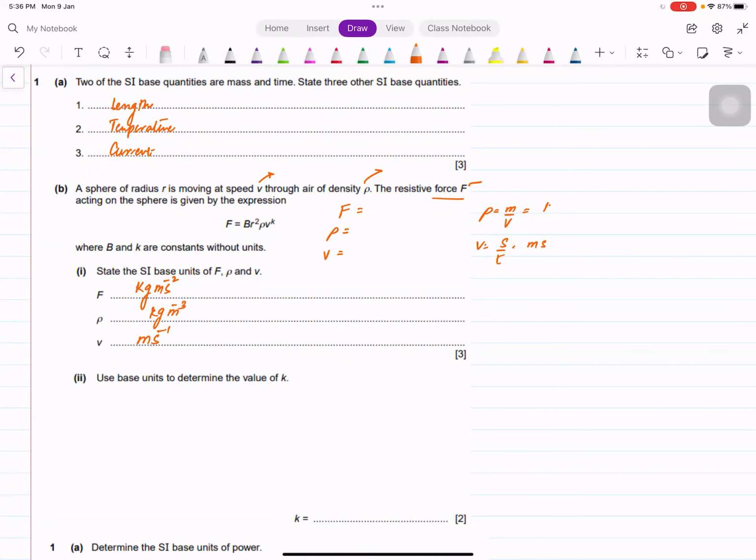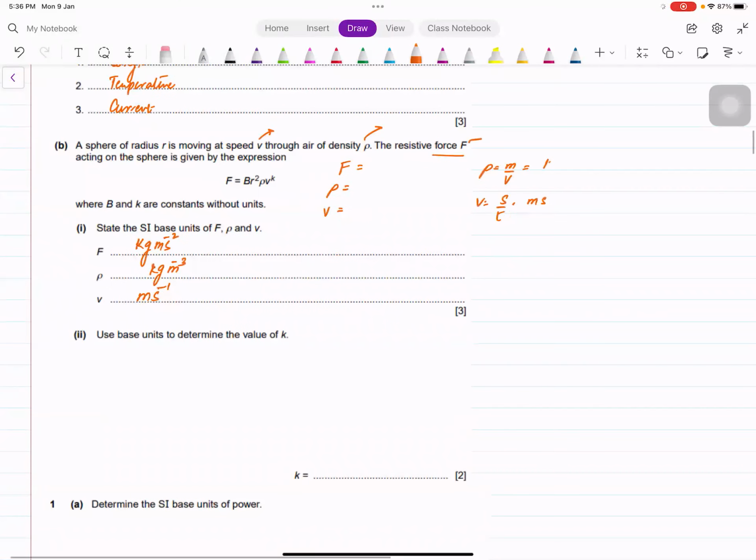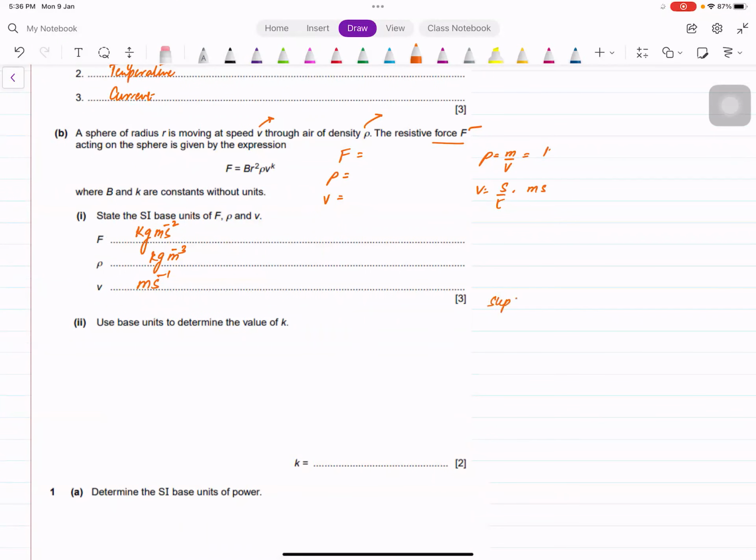Now, first of all, what you need to do is always in step 1, make sure to remove root, any root. It could be a square root or cube root or whatever, right?